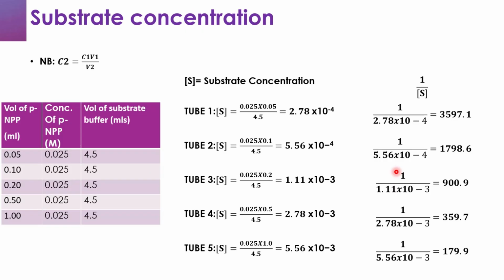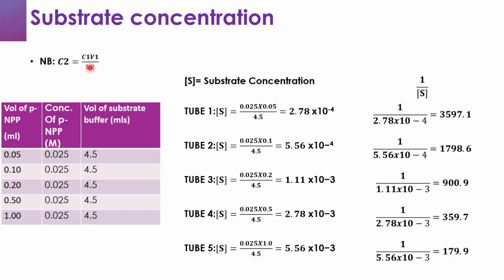So now let's move on and look at the substrate concentration. First of all, we are going to use the equation C1 V1 equals C2 V2. In this equation, we will make C2 the subject, and making C2 the subject, we are going to get C1 V1 all divided by V2.